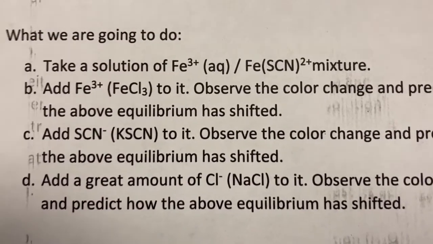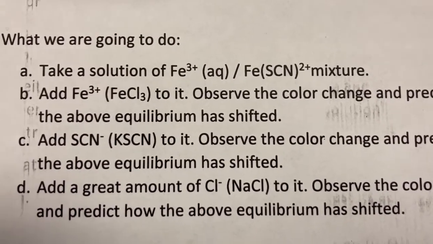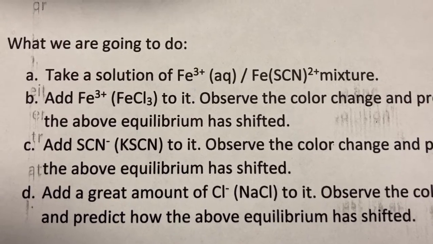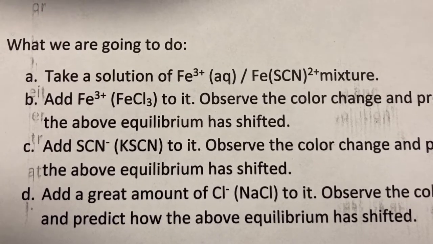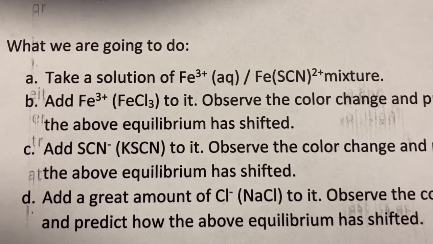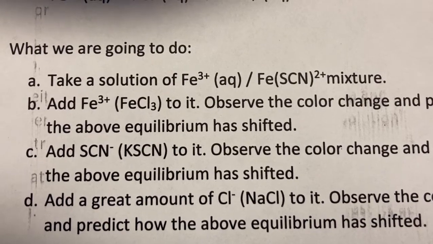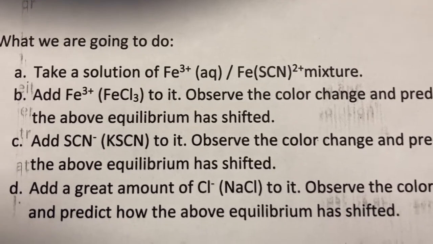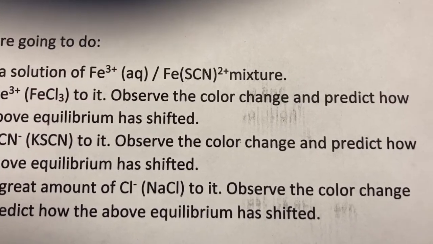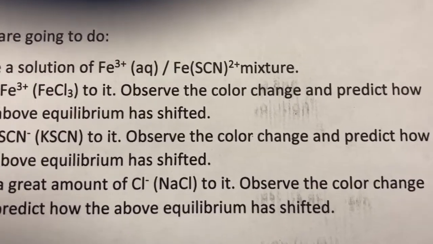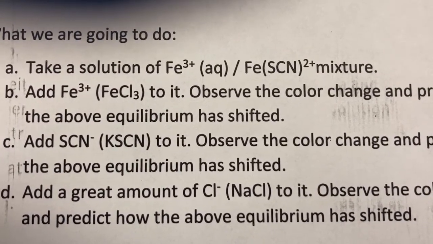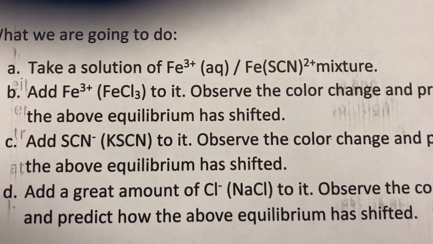We will first make a mixture of the two ions. And then we will either add iron 3 plus ion to it, or add thiocyanate ion to it, and observe how the color will change from the original mixture, and predict how the equilibrium has shifted after you add either one of those.